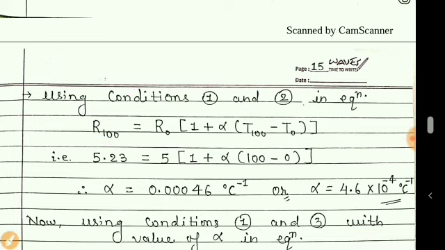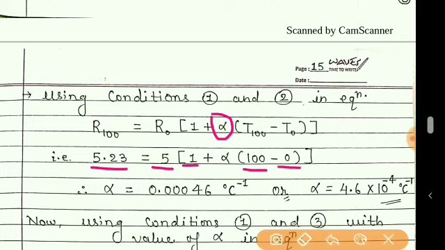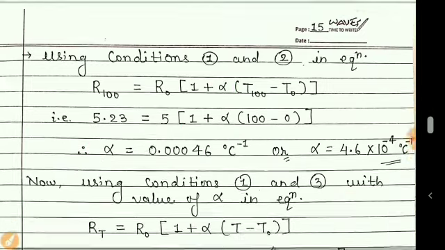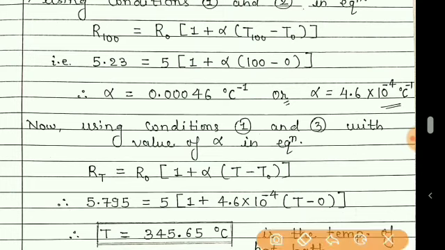Now all the values are given, only alpha is not given, so we have simply kept all the values which are given, and then we can obtain the value of alpha. A simple calculation is there. So students, alpha is obtained to be 0.00046, that can be written as 4.6 into 10 raised to minus 4 per degree Celsius.